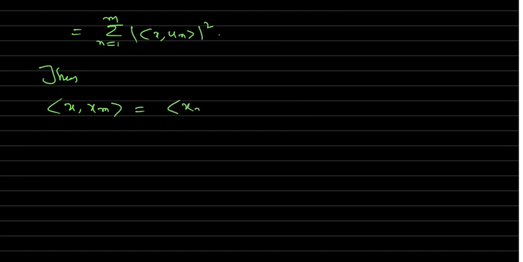So it's equal to the summation, n runs from 1 to m, mod inner product x un square. So all are equal to this: we have that the inner product of x with xm is the same as the inner product of xm with x, which is the same as the inner product of xm with xm. All are equal to the summation, n runs from 1 to m, inner product x with un whole square.